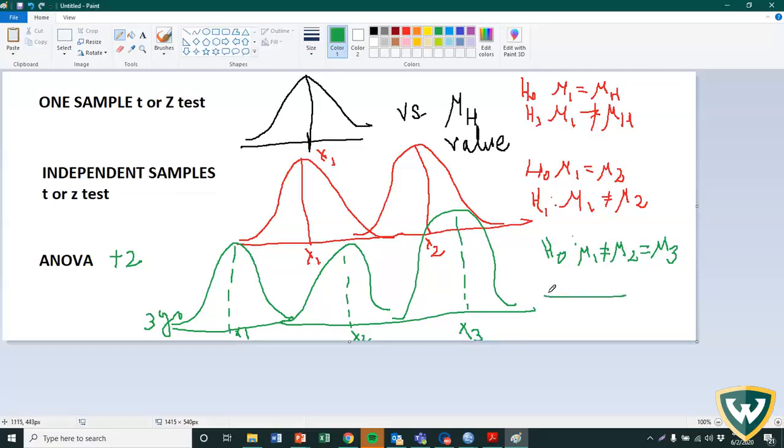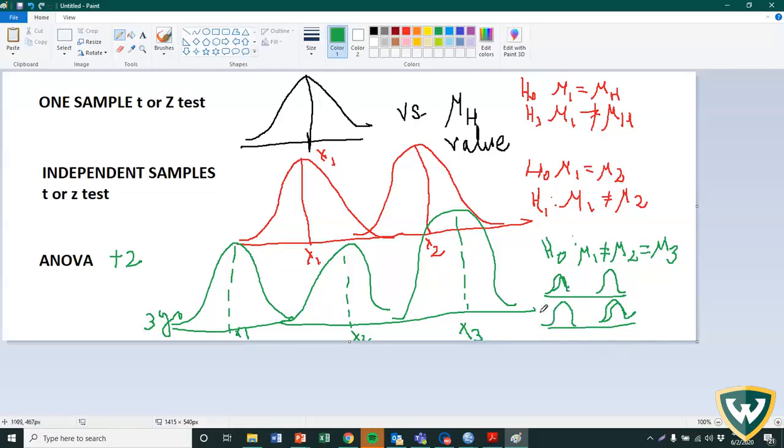So if you see something like these are overlapping, but your third group is somewhat distant to the first two groups, then you'll still reject the null. Or if the second and third groups are overlapping and not different, but the first one is different from them, you'll still reject the null.